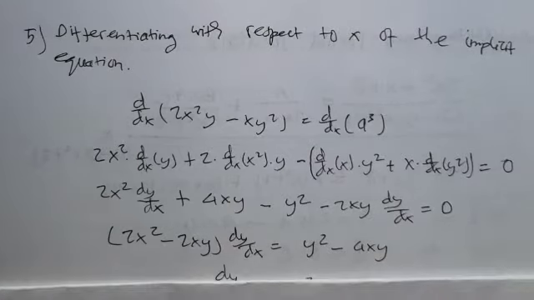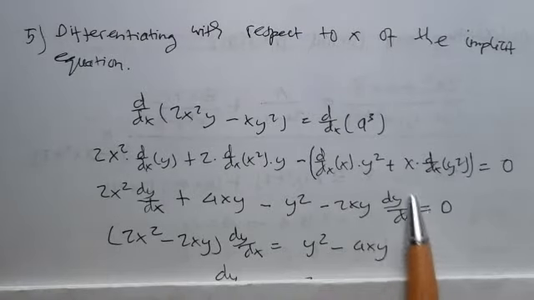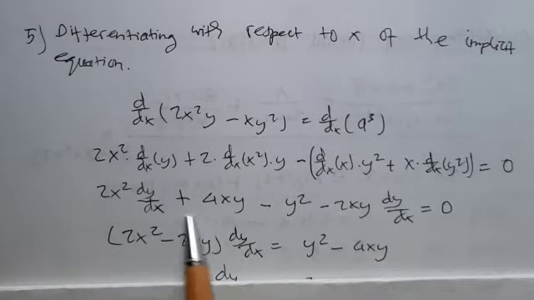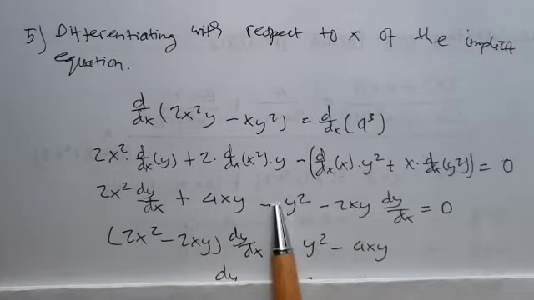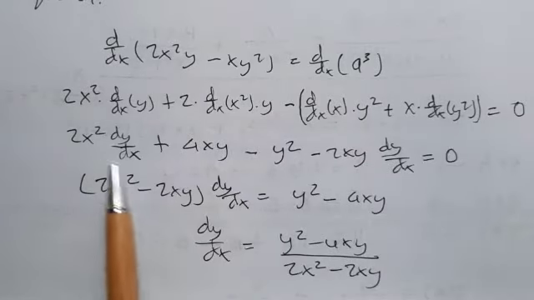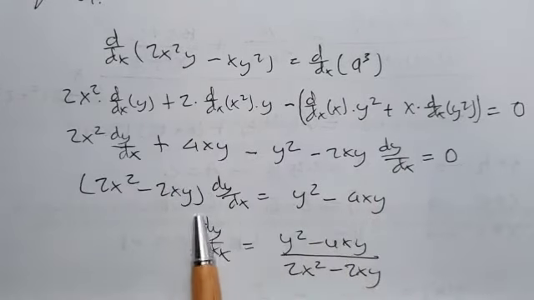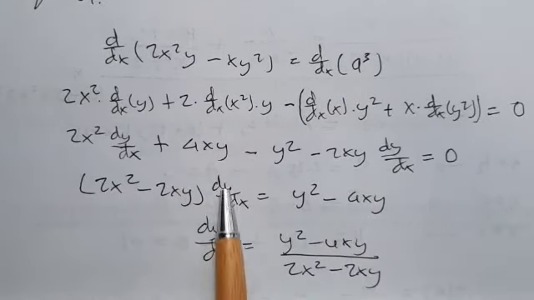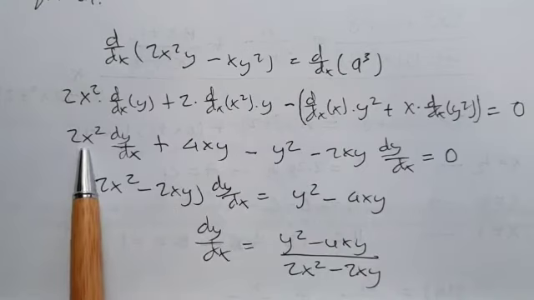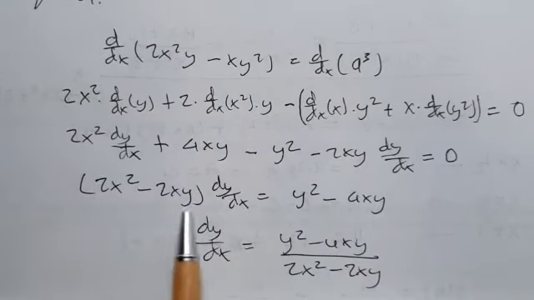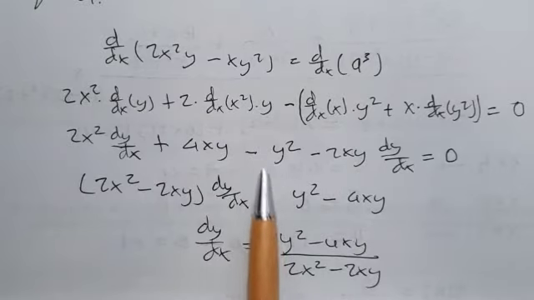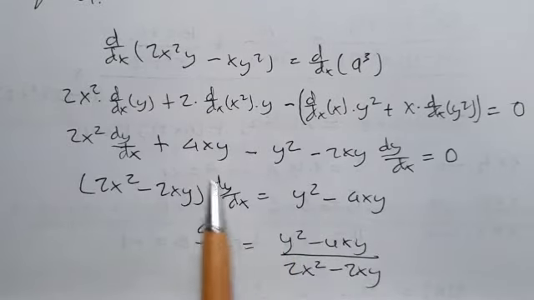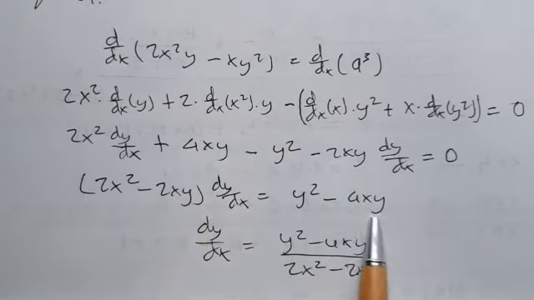Now this term and this term contain dy/dx, thus stay on the left-hand side, and the terms without dy/dx shift to the right. Thus this term with that term, take out the brackets dy/dx: 2x squared minus 2xy, dy/dx equals, shifting to the right, y squared becomes... this one becomes minus 4xy.